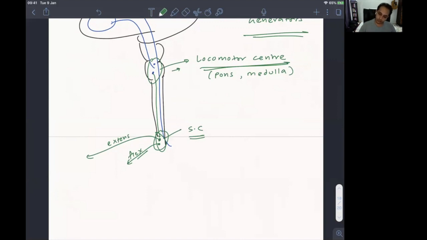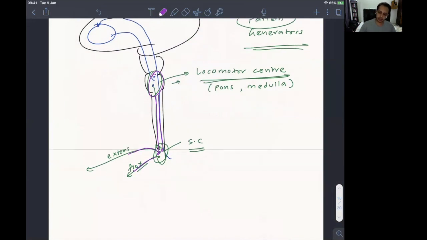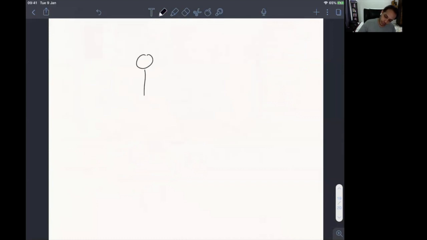Okay, so now how does this happen? How does the brainstem control the spinal cord, and then how does the spinal cord control the muscles? So for this, I want to revise the concept of flexors and extensors. When you are walking, your anti-gravity muscles in your legs are primarily acting.